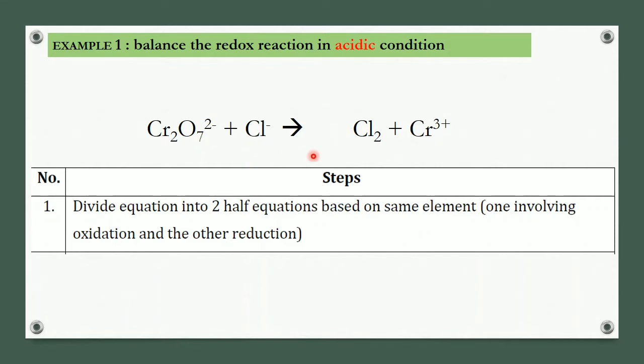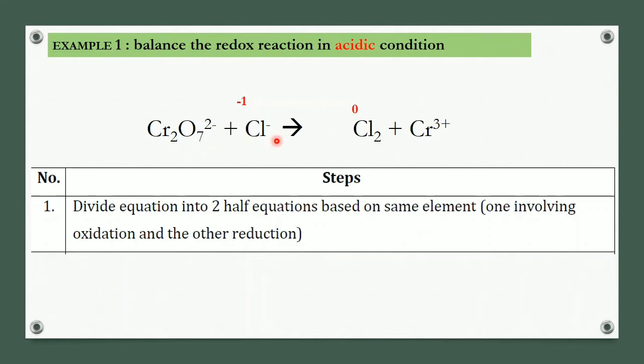So here I will check for chloride ion because it seems like this is simpler to identify. So for chloride ion, the oxidation number is -1, and when it becomes chlorine gas, the oxidation number is 0. So -1 becomes 0, so we can see the oxidation number has increased. So it means that the chloride ion has lost 1 electron.